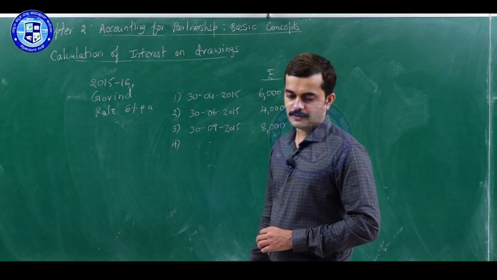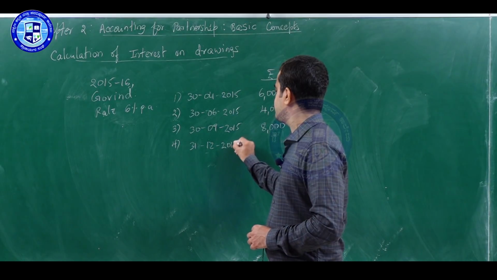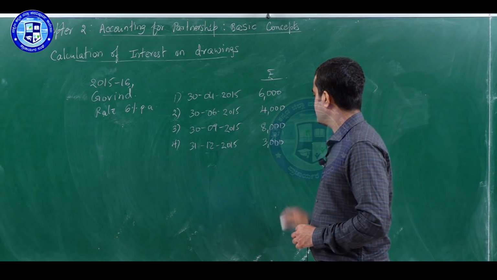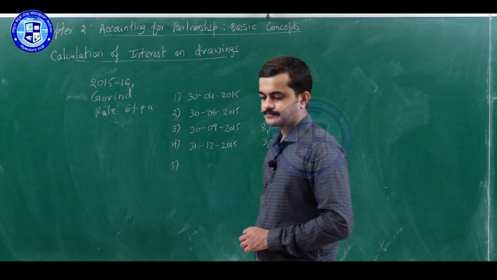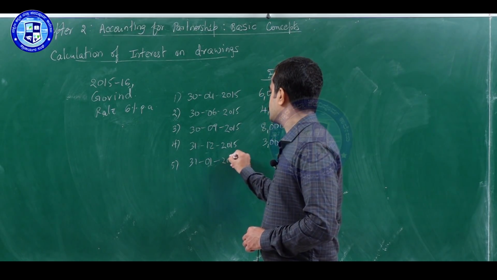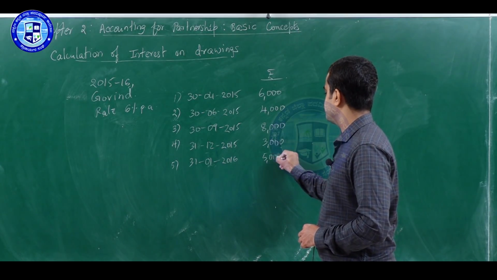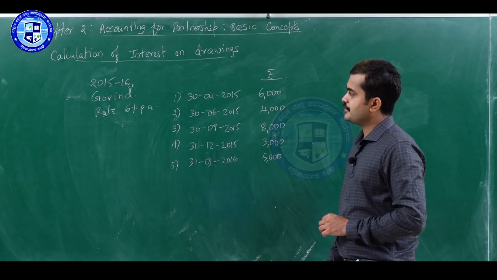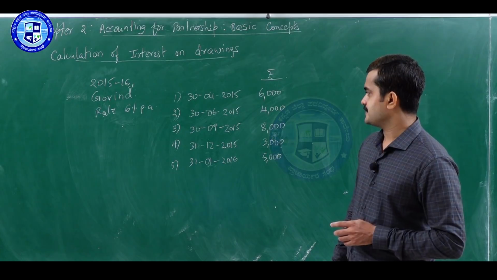Fourth withdrawal was on 31st December 2015 with an amount of 3,000. And the last withdrawal was on 31st January 2016, rupees 5,000. So, these are the withdrawals Govind made during that accounting period 2015-16.